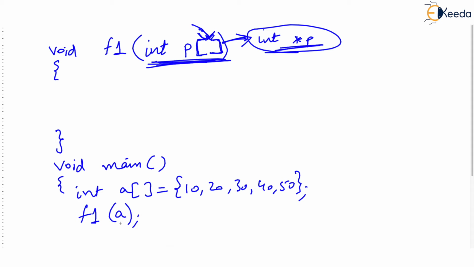Now one might wonder, I am passing the array, so I am receiving the array, so I must write the size here. My point is, you may write the size or you may not write the size. It's okay, you leave that square bracket empty, because ultimately this p is a pointer. It's a simple pointer which points to the base address of the array. So C says it doesn't make any difference to me.